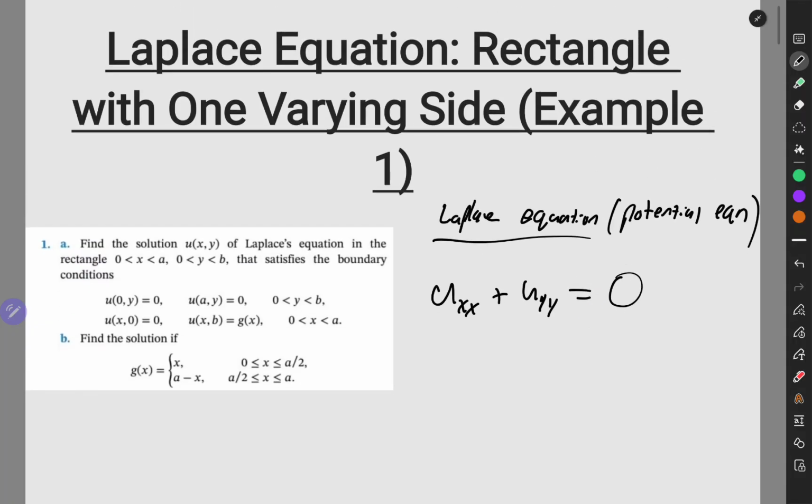Now, keep in mind, this solution only works for time-independent situations. You cannot model time-dependent situations with this equation. I think when that occurs, don't quote me if I'm wrong, it might get too complex, where you introduce nonlinearities. So this might be the limit of Laplace's equation, is time independent.